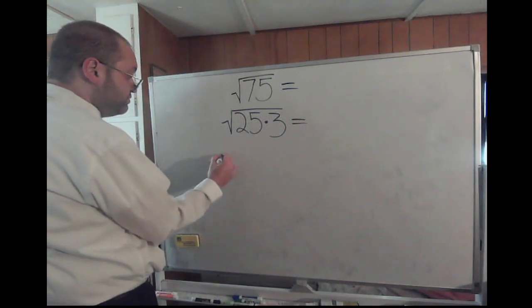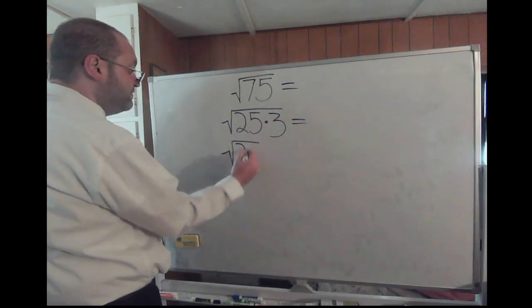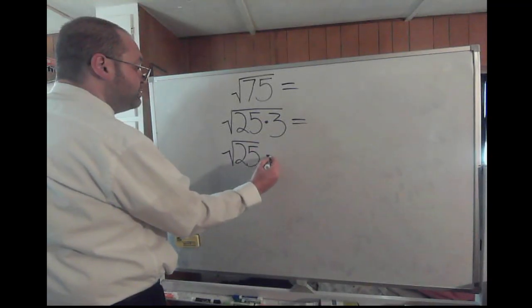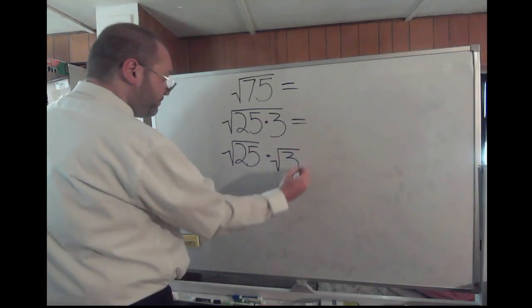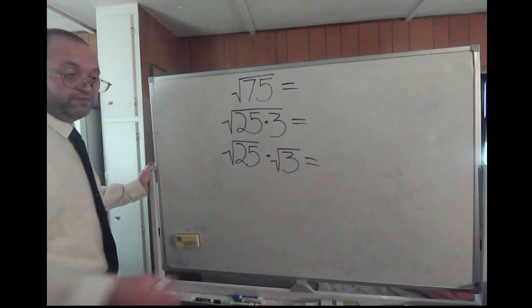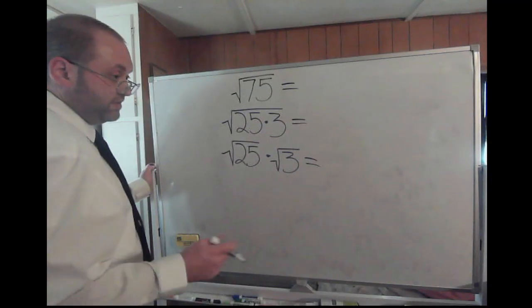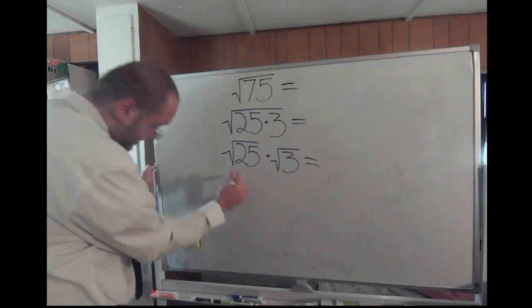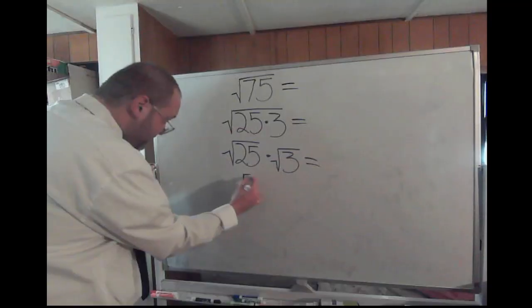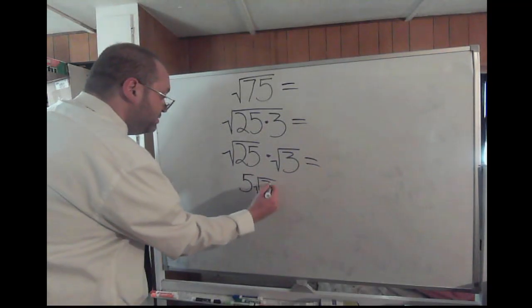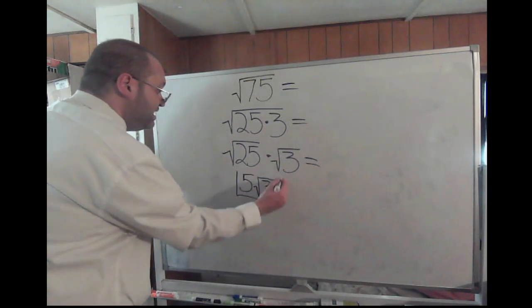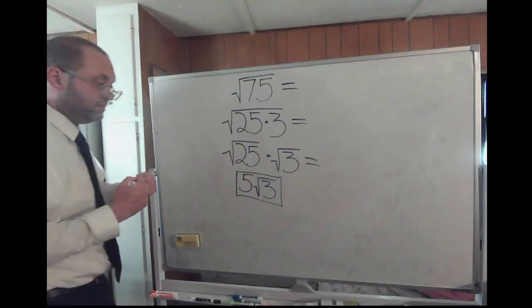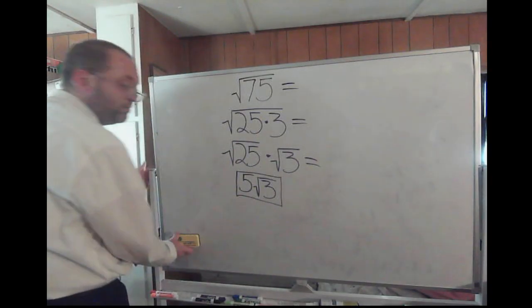And then now this will separate into the square root of 25 times the square root of 3, which we know the square root of 3 is definitely not a perfect square, but the square root of 25 is, it's 5. So your final answer for this problem should end up being 5 times the square root of 3. That's exactly what you would get, it's 5 times the square root of 3.